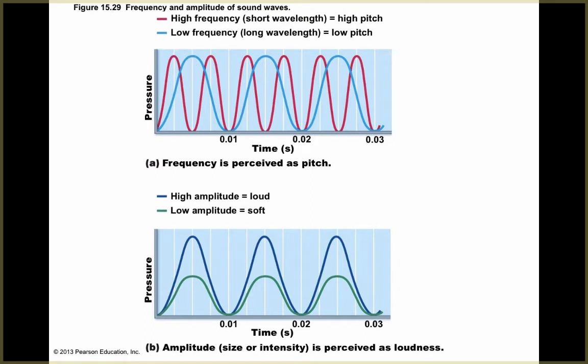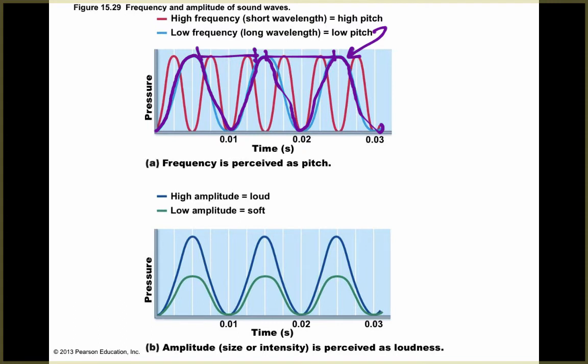Now, as you can see, there's a difference between high frequency and short wavelengths, which have high pitches, and low frequency or long wavelengths, which have low pitches. So if you look at this one right here, this is the one that is low frequency, right? So you can see there's less of them in between.